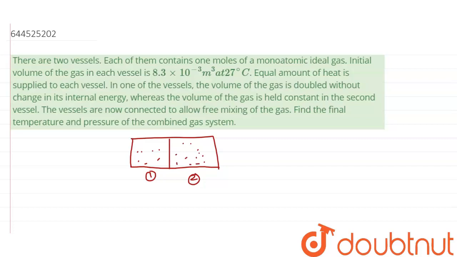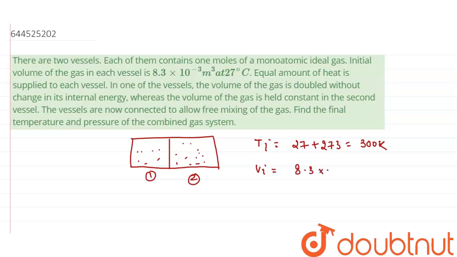At first, the initial temperature is the same for both vessels, that is 27 degrees centigrade, and we will change it into Kelvin: 273 plus 27, it is 300 Kelvin. T initial is the same for both vessels. Similarly, the V initial is also the same for both vessels, that is given in the question.